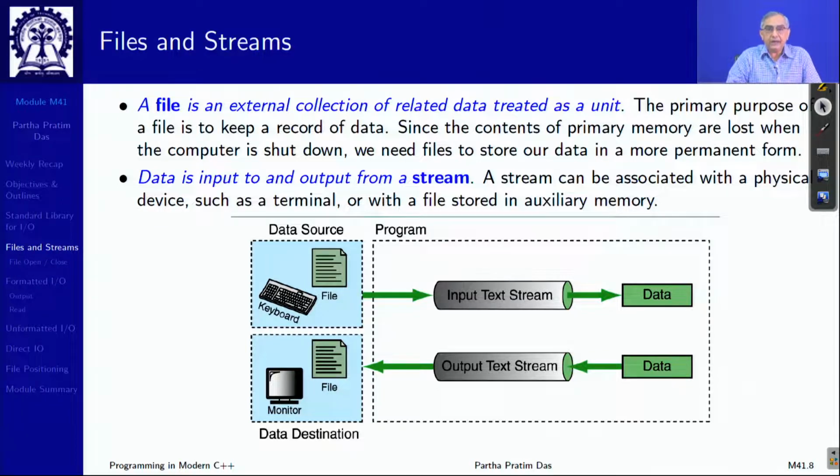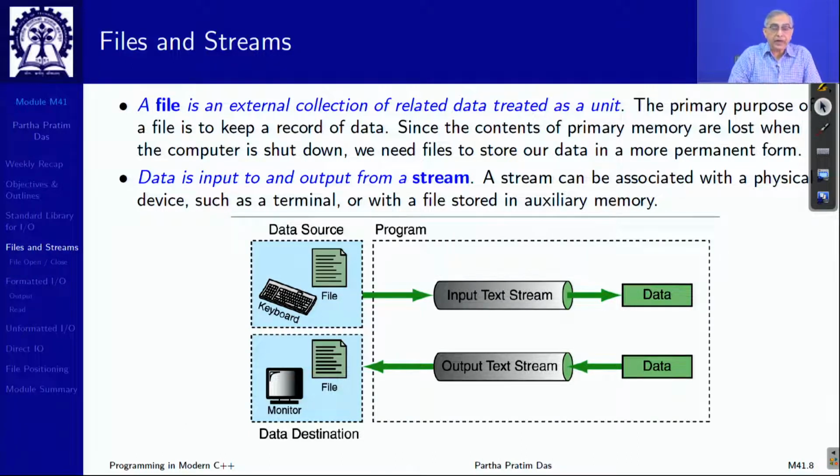It is an external collection of related data, which is treated as a unit, and more often a file is treated as a sequential data structure, which means that starting from the beginning of the file, you can keep on moving forward, reading or writing, and you get the subsequent data elements that exist, though it is possible to treat it also as a kind of random access by positioning the particular reader.